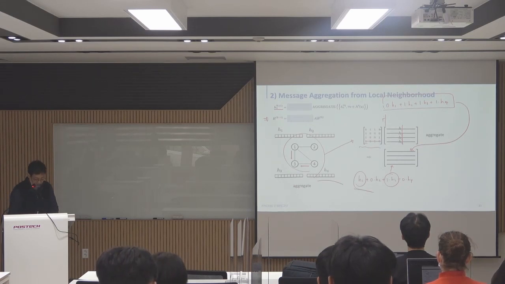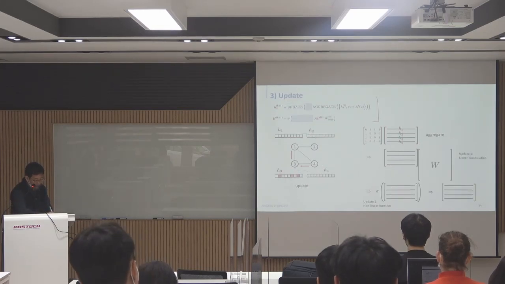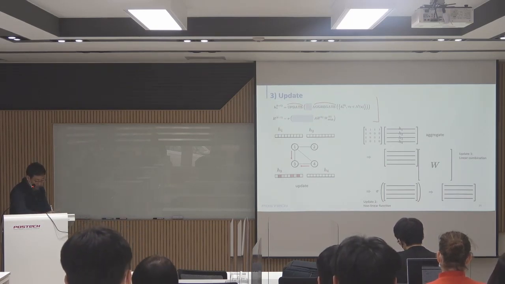Once we're done with the aggregations, we have to update it, and the difference is that we have another matrix multiplication, omegas, and sigmoid functions.